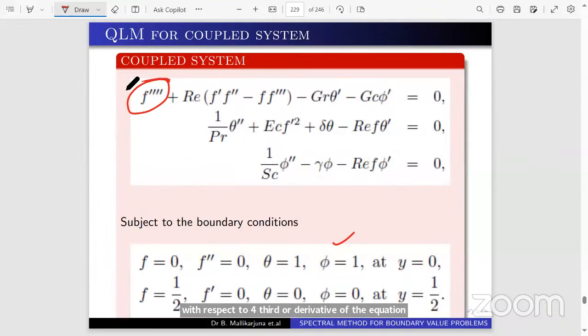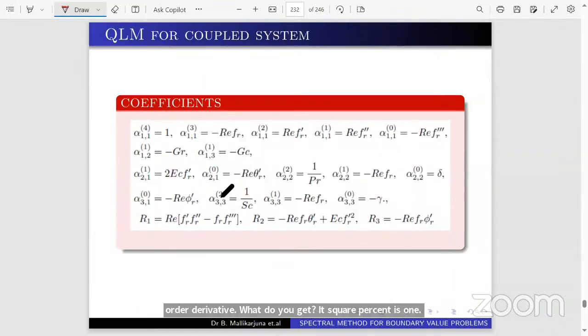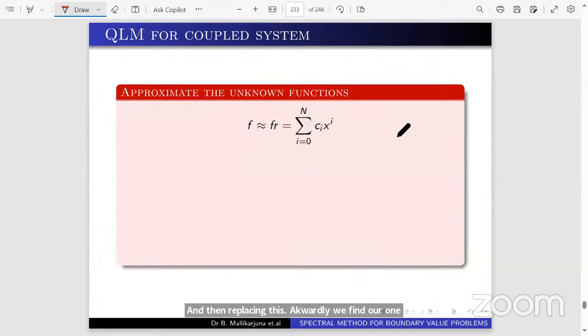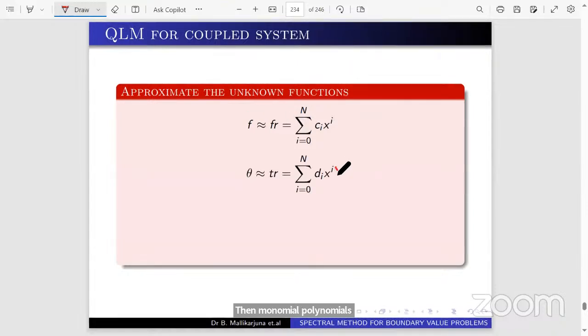So differentiating these with respect to the fourth order derivative, what will we get? Its coefficient is 1. That's why you will get this as 1. Like that, we are going to find all these coefficients and then replace in this. Accordingly, we find R1, R2, R3. Then monomial polynomials for f: Ci x power i, di x power i, ei x power i.